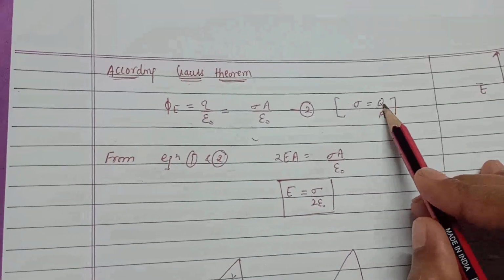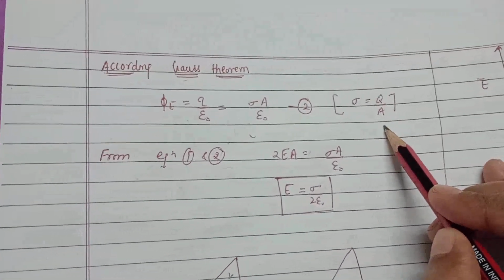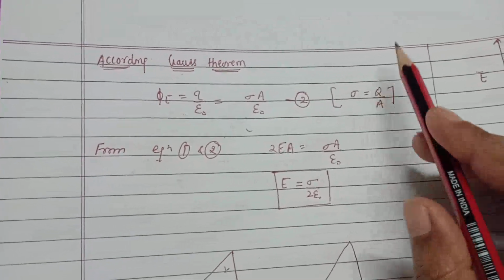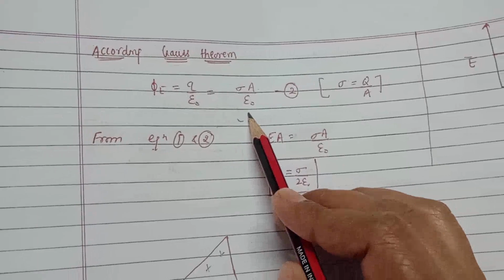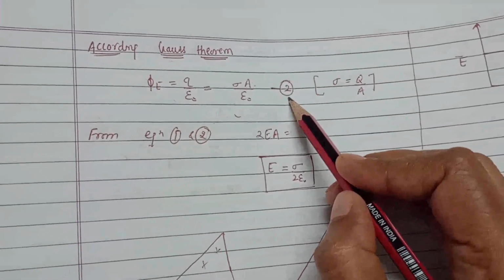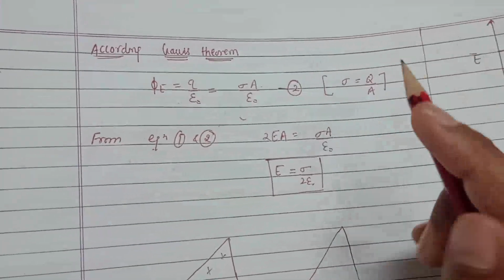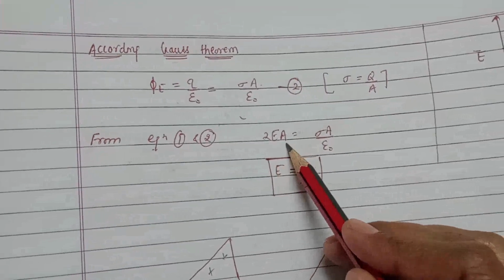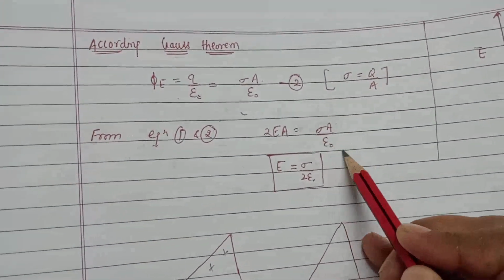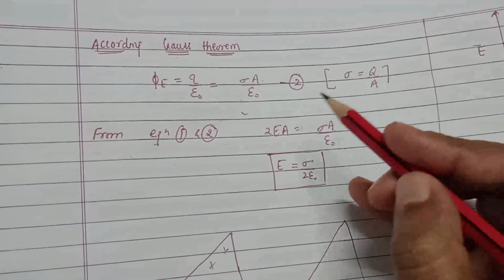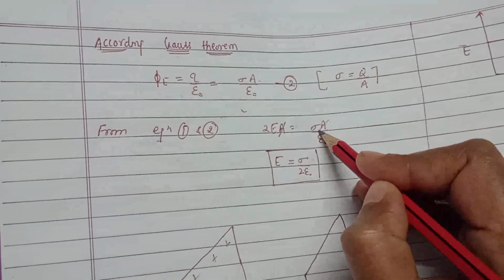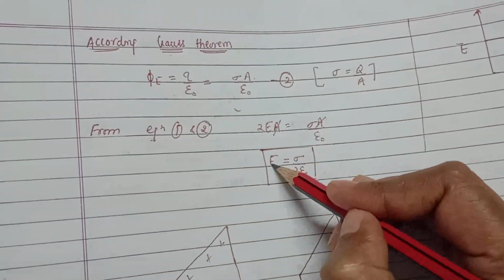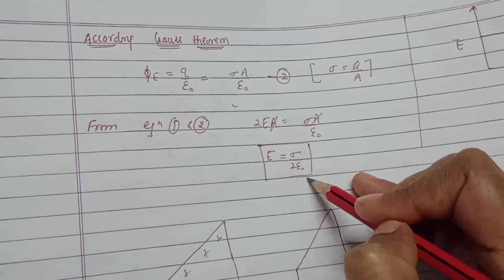Sigma is equal to Q divided by A. So write the charge in the form of surface charge density, sigma into A, divided by epsilon naught. Write down equation number 2. From equation number 1 and equation number 2 we get 2EA is equal to sigma A divided by epsilon naught. So cancel the area on both sides, and we calculate that electric field is equal to sigma divided by 2 epsilon naught.